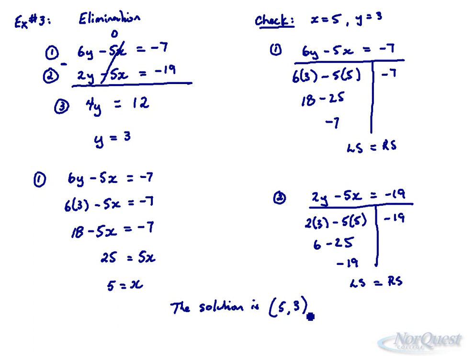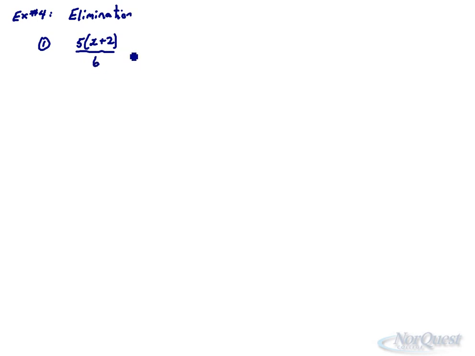Now I'll give you one of the worst case scenario types you'll see in example 4. Example 4, again, we'll use elimination. But we can use this method for particularly difficult equations. And here's the system. So we have 5 times (x plus 2) over 6, plus (y plus 8) over 9, equal to 6.